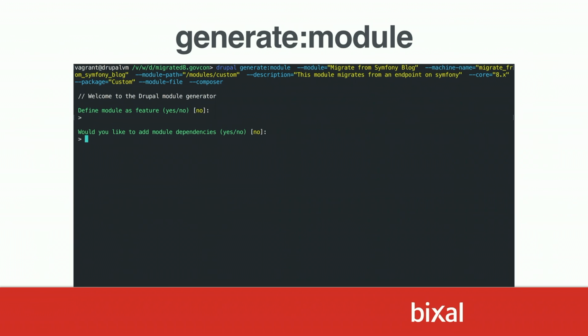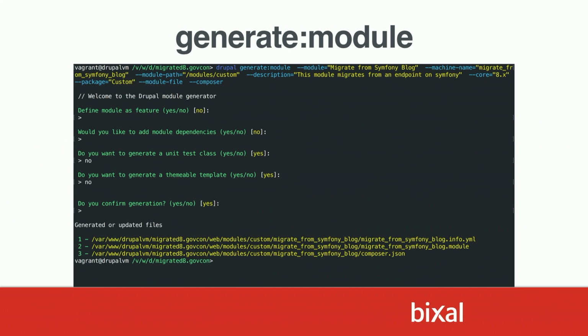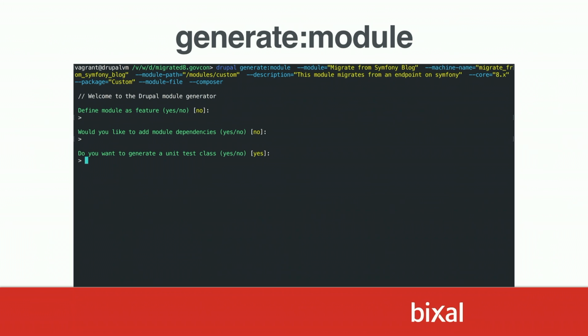We could list the migrate modules as dependencies, which is something that would be correct. I didn't do it because I'm just doing this for this project. So that would give me the folder structure and the file structure that I need to start working on the migration. So right now, there is no command to generate like a base migrate YAML file.